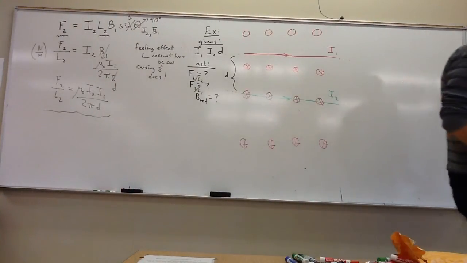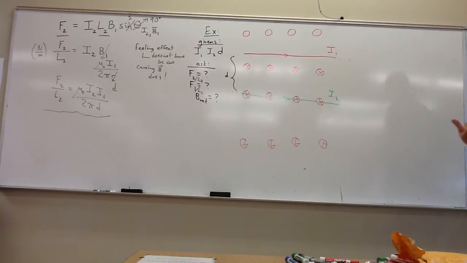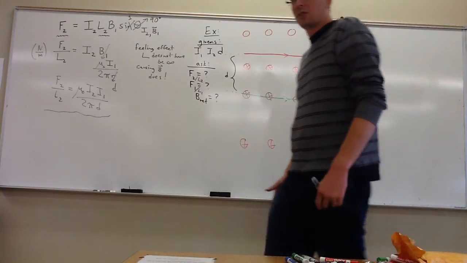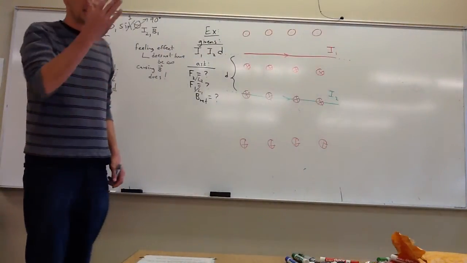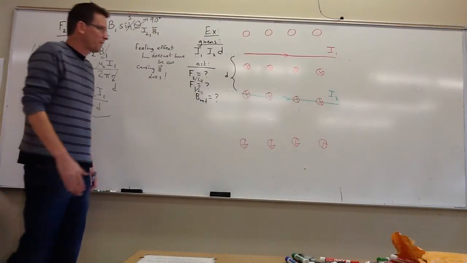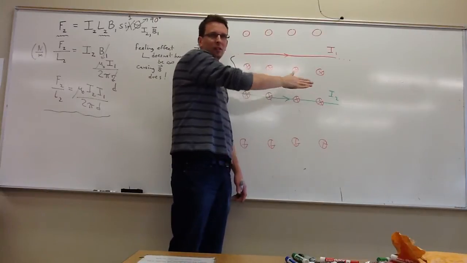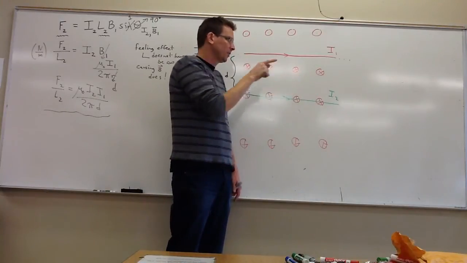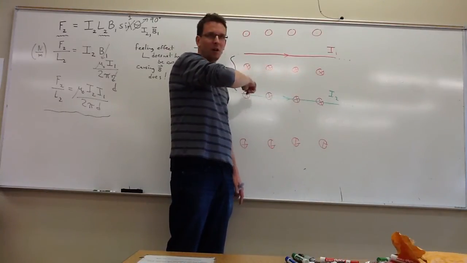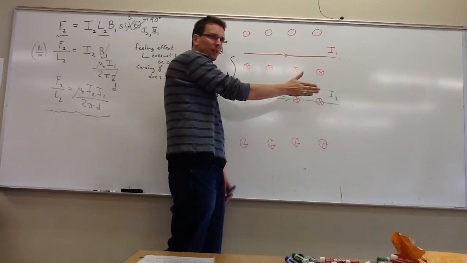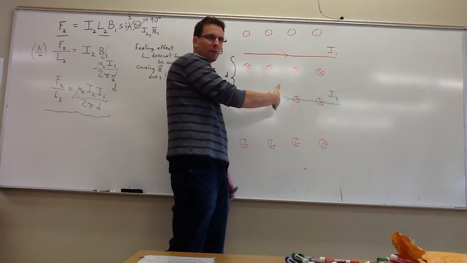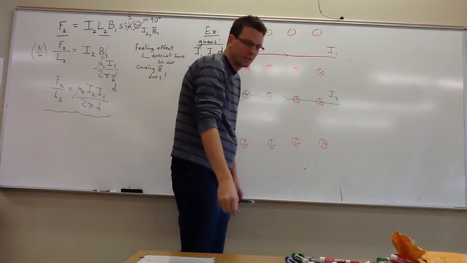Now, that's just the amount. We should also probably find the force direction, so let's use our good old slap rule. So take out a right hand. We point our fingers along I, and we figured out how to orient this so that we can slap I2 into B1, right? So I2 slapped into B1, force is going to be like that.